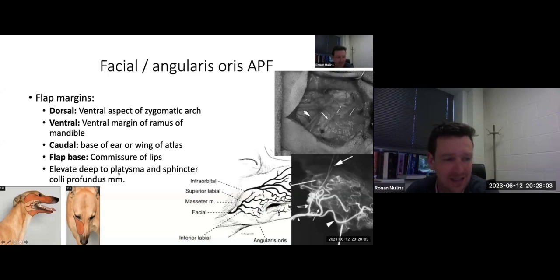So in these cases, we basically make a skin incision from the commissure extending caudally, and that's what you see here. And then with transillumination, or basically a sterile light coming from the mouth, you can identify these flaps and make your incisions in order to create a mucosal axial pattern flap, which is based on the angularis oris.